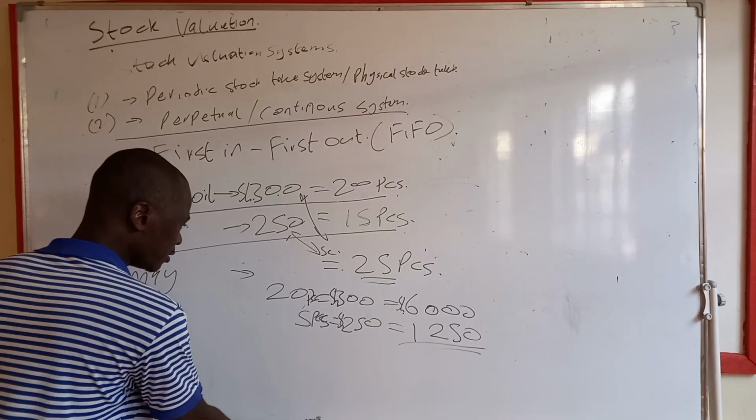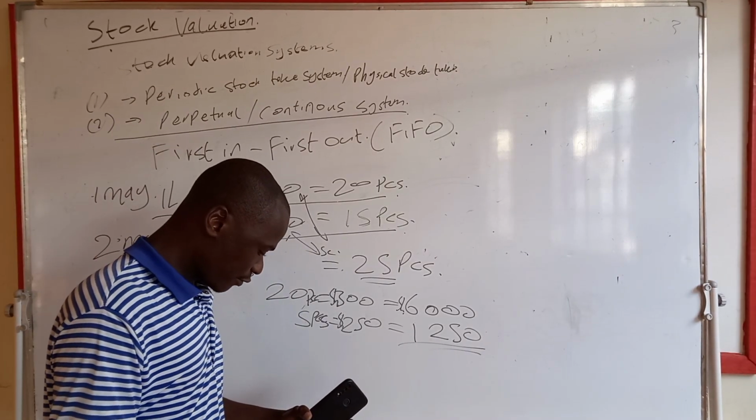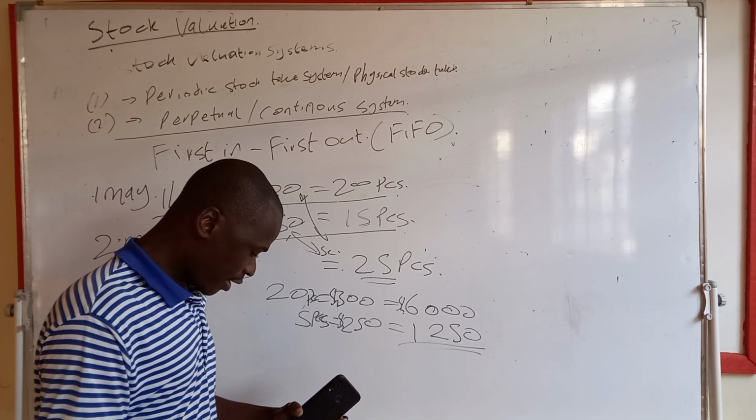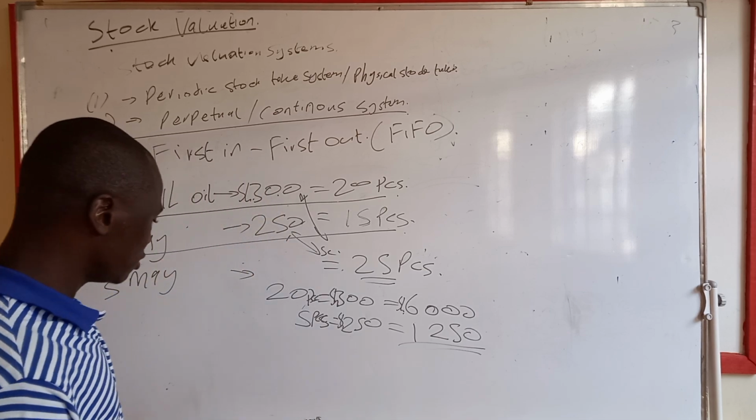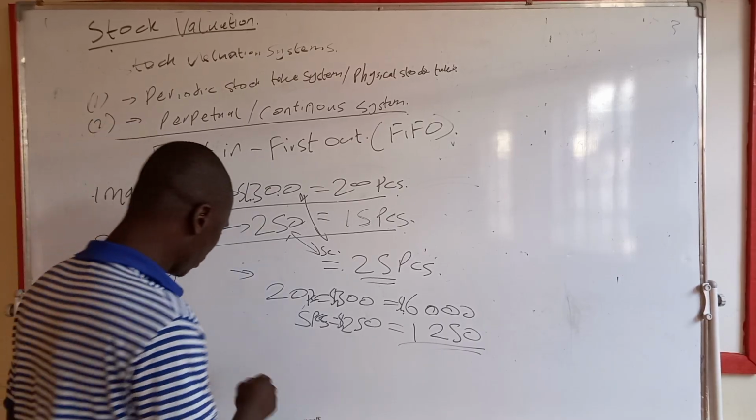I believe I'm right. 250 times 5 is 1,250.